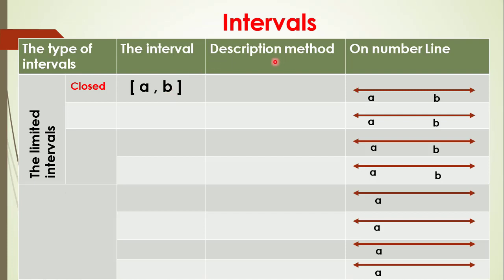Can we write it using the description method? Yes. X is greater than or equal to a and less than or equal to b. Can we represent it on the number line? Yes. I'll draw a closed circle at a, a closed circle at b, and this is the interval.